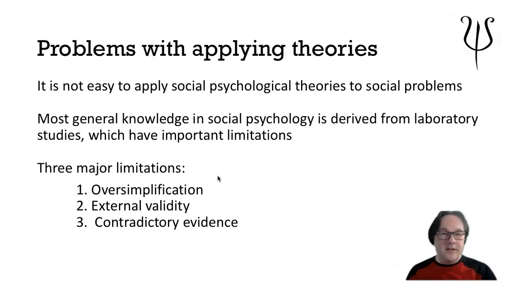The problem with that, and we'll talk about each one of these in a moment here, there are lots of problems with laboratory studies, we know, but 3 major limitations potentially, especially as we're trying to apply this knowledge that we gained inside a laboratory to actually solving a societal problem. The first is oversimplification, the second is external validity, and third, contradictory evidence.